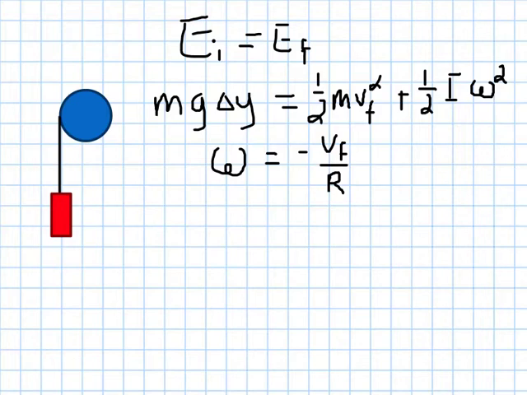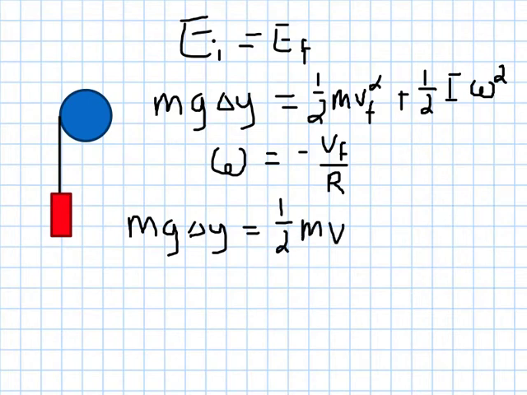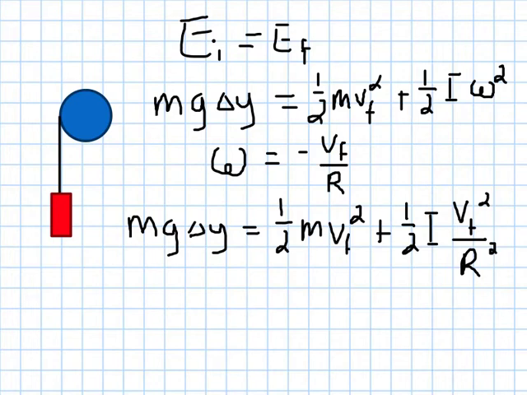So now this looks like, again, our initial energy is all gravitational potential, mg delta y, equals, we still have the kinetic energy of the hanging mass, 1/2 m v final squared. Again, I'm solving for the final energy, plus 1/2 I, the moment of inertia does not change, but omega has changed. So I now have V final squared divided by the radius of the pulley squared.